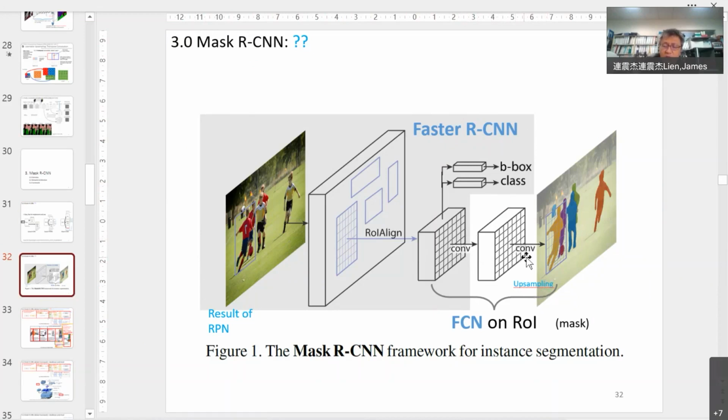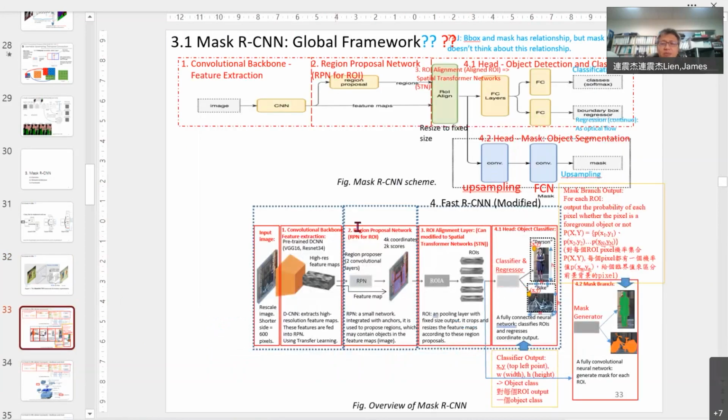What I mean is that you have more convolution, a little bit deeper, and then you need to do upsampling and do the segmentation. So that's Mask RCNN. The same here, this one is the same as Faster RCNN.